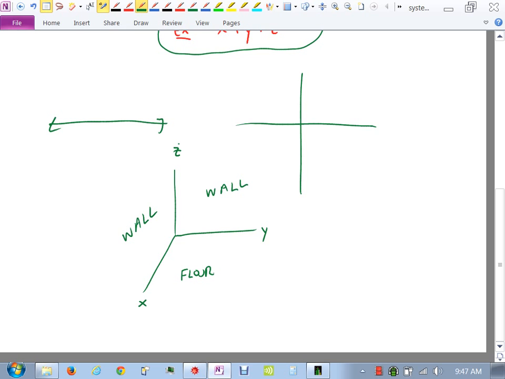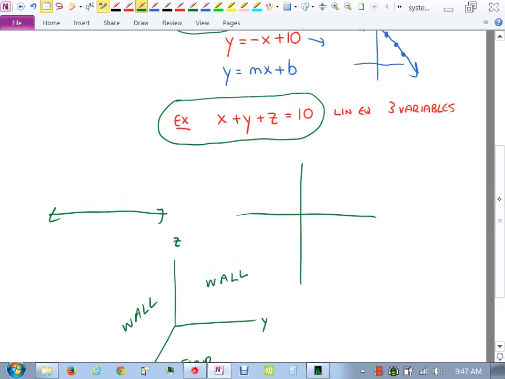The solution to this linear equation in three variables turns out to be a sheet of paper, or a plane, in three-dimensional space. So imagine taking a sheet of paper in this room and putting it like this somewhere, and that would be your answer. All your answers to that equation are every point that lives on a plane.